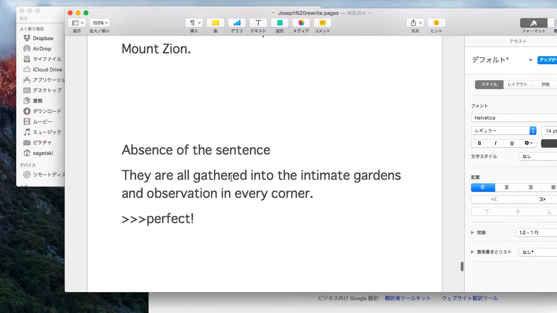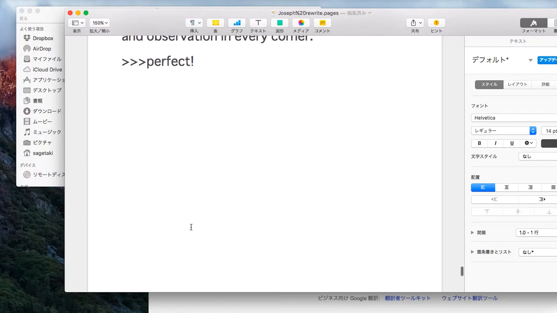This sentence did not actually exist in the original text, but it was in the context. So this rewriter was clever enough to add this sentence to the rewriting process, and it is perfect.